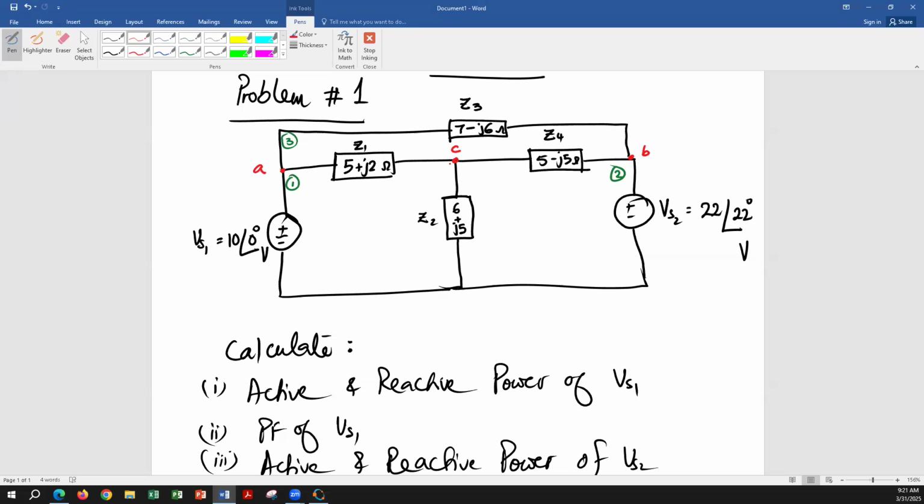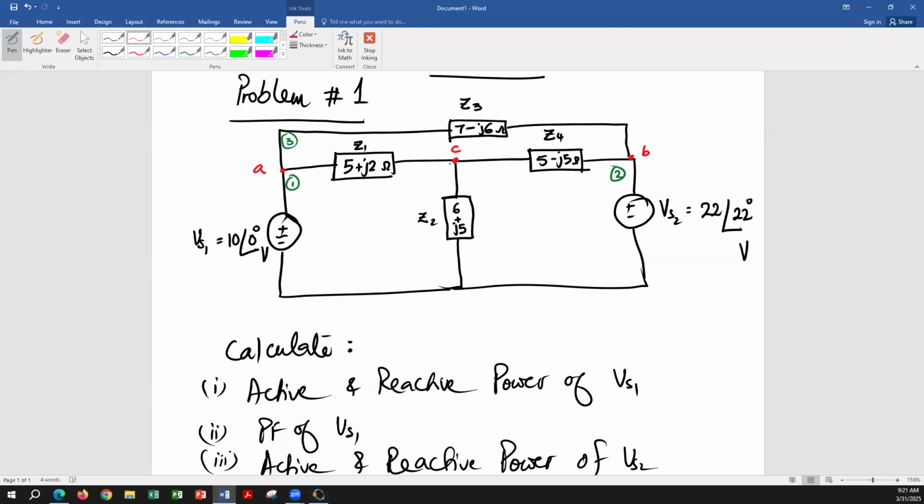So I wouldn't touch mesh analysis. I will apply nodal analysis to find the voltage at C, and that will perhaps be the easiest way to solve this problem. Not that mesh is a hard way. I mean, you have only three meshes, so you write three equations and use MATLAB to solve them. It's still easy.